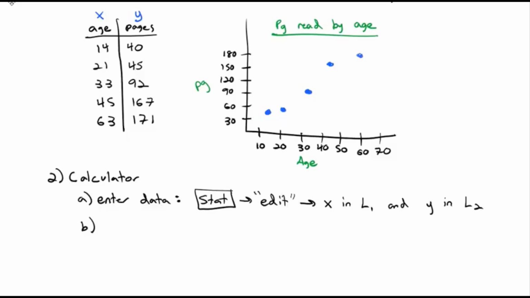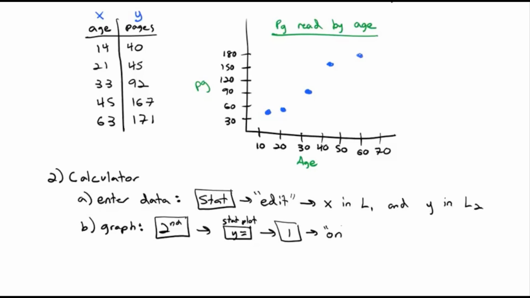Once you've entered the data, you're ready to make the graph. And the way we make the graph is first you'll have to hit the second button, and then you'll have to hit the y equals button, because above y equals, the second feature is stat plot. It's for graphing statistics. And you're going to go into the first stat plot and make sure it is on.